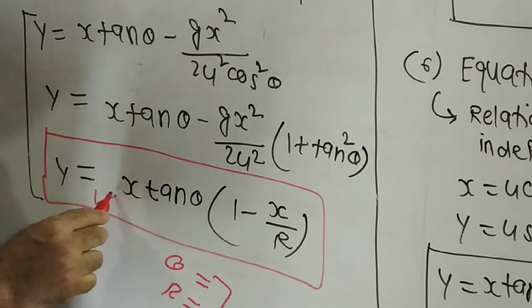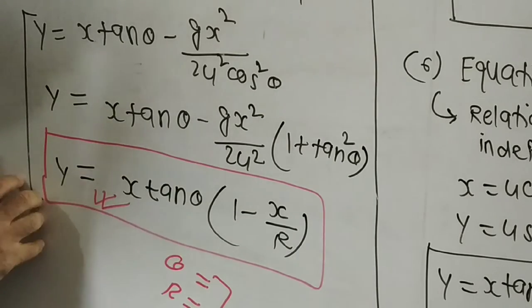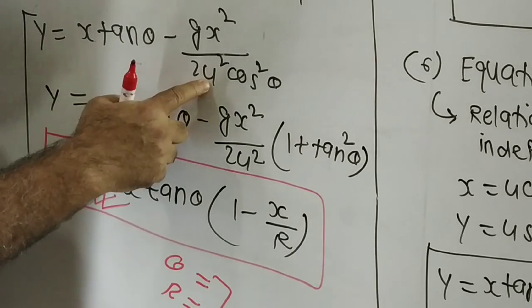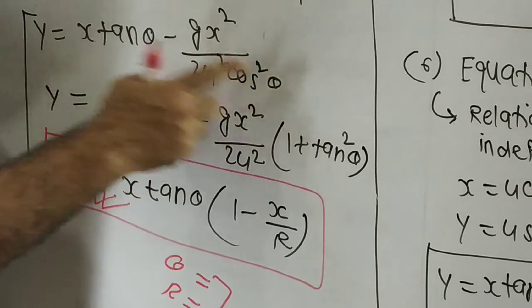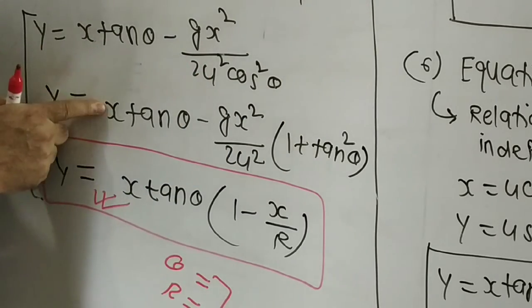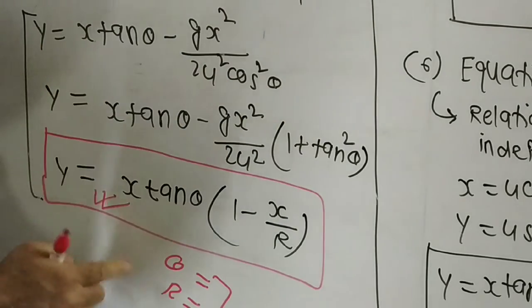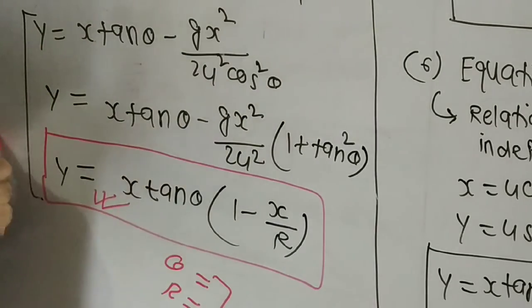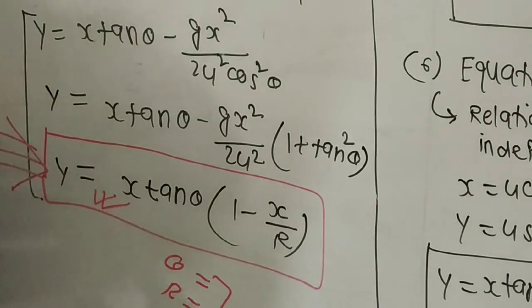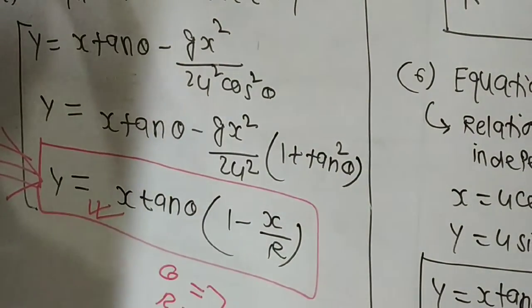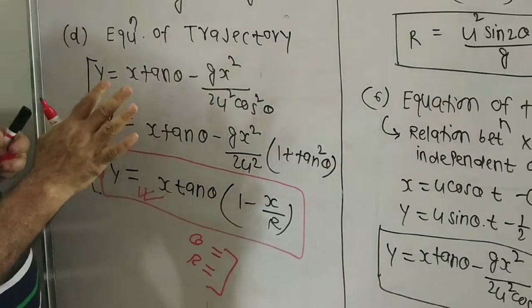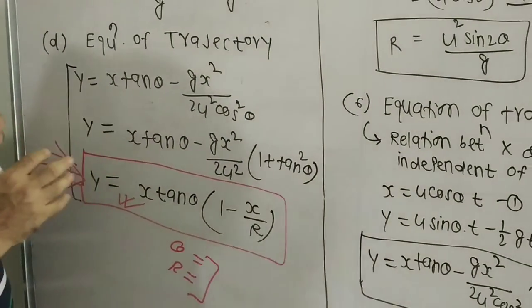So in this situation, this formula can be directly utilized. If u is given, theta is given, then this or this can be utilized. But when u is not given, but theta and range is given, then it is always better to utilize this one. So in case of ground to ground projectile motion, these four results are very standard and one has to remember. That should be very clear.